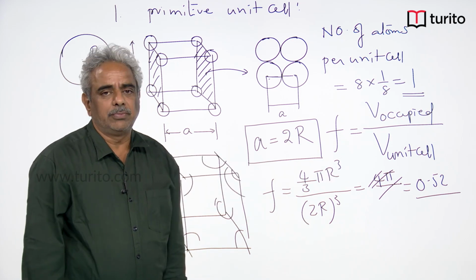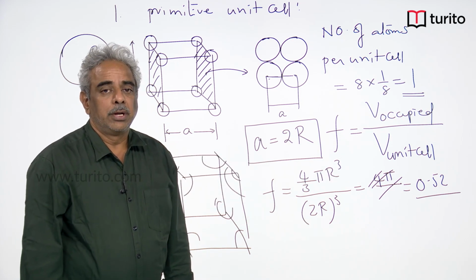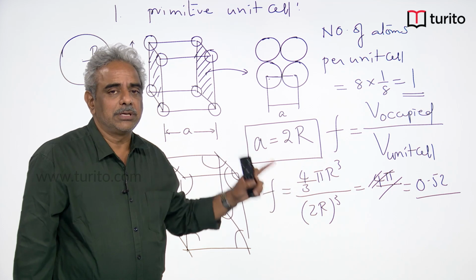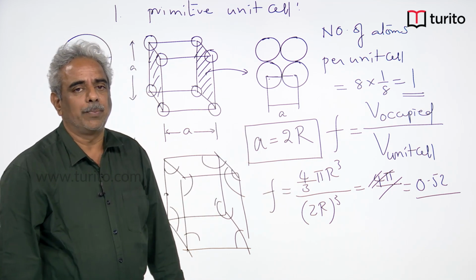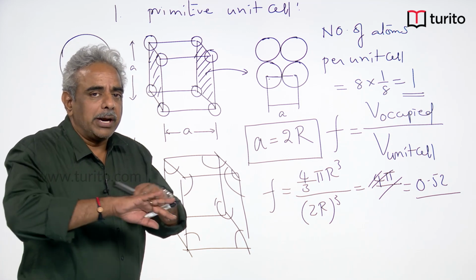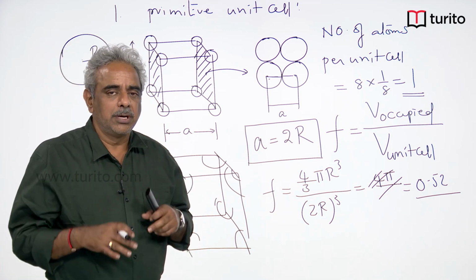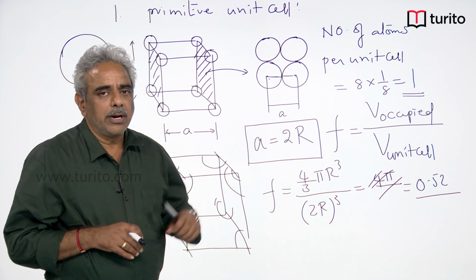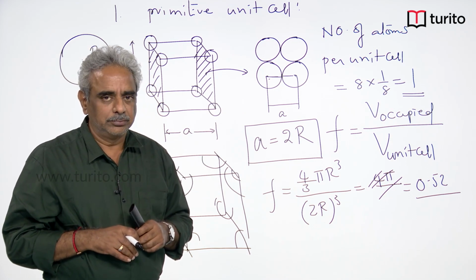What do you understand from that 0.52? 52% of the space in the unit cell is occupied. The remaining 48% is empty space in this particular primitive unit cell.